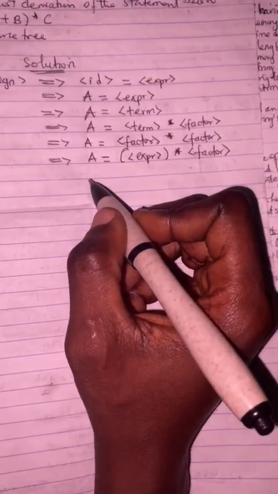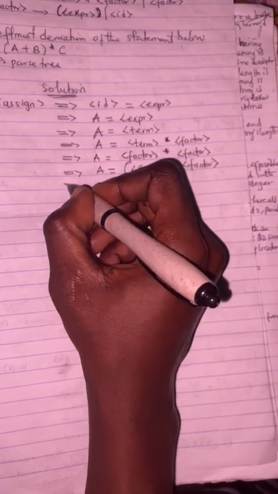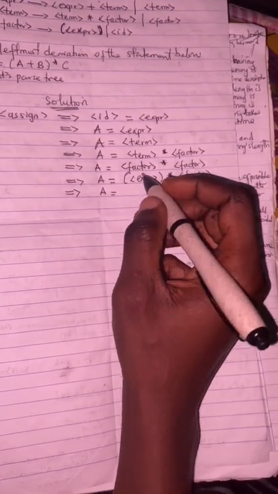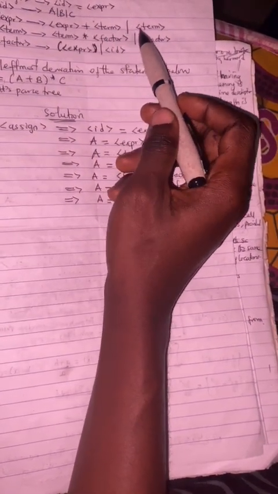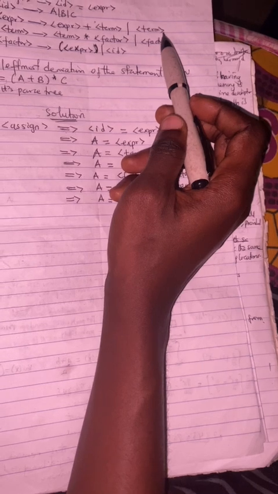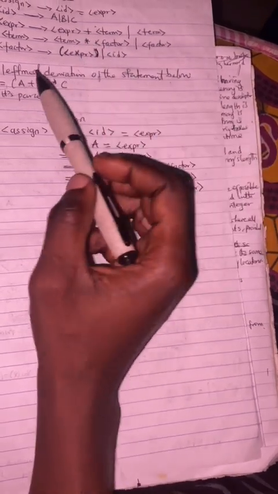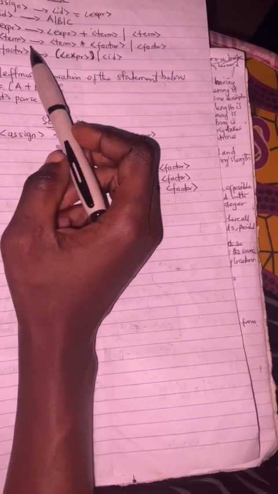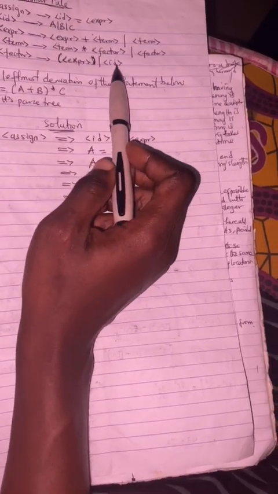Look at it clearly. Then next up, we have A equals to the expression. Now it can be either expression plus term or just term, right? And remember, we're trying to get A plus B, and it's ID. ID is what is going to give us that A plus B, and we need to get to what? Factor.